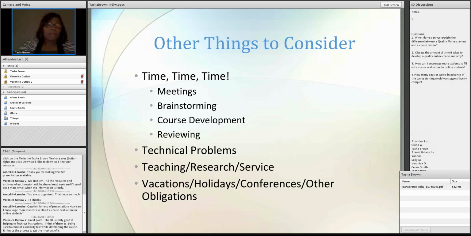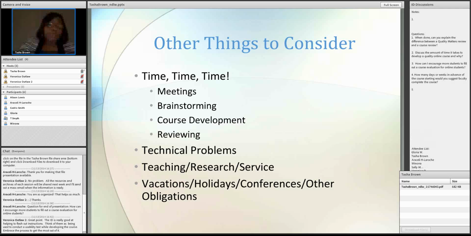If you're already on dissertation committees as chair, or serving on other committees, hiring committees, you have to think about all those other activities you already have your time devoted to, in addition to teaching and researching. Then you also have to think about just the normal things: vacation time, holidays, conferences, and other obligations.